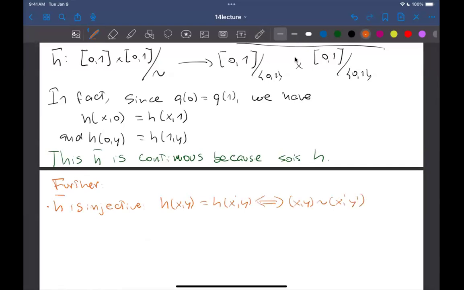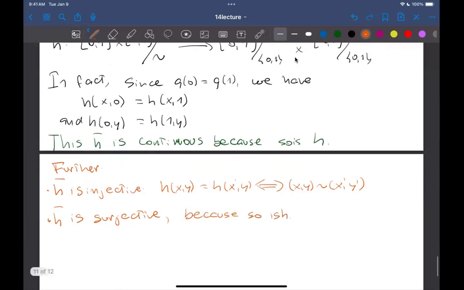The second thing is that H bar is surjective, and that's the easy one, because H is surjective. Hence this H bar is bijective and continuous.